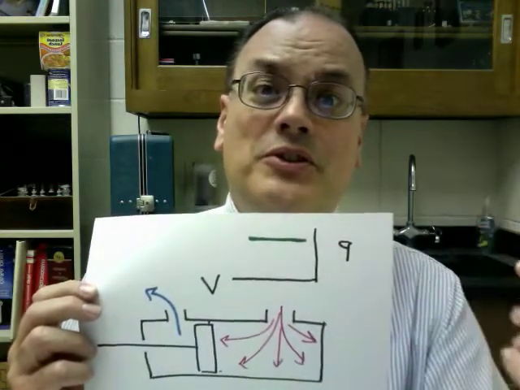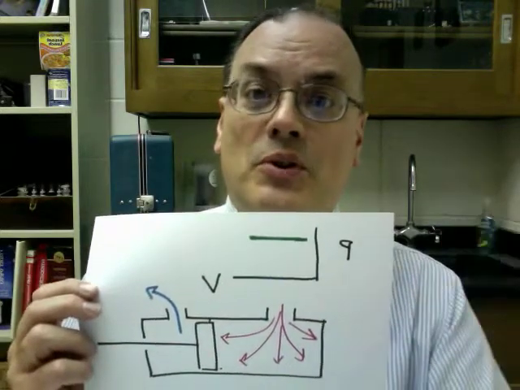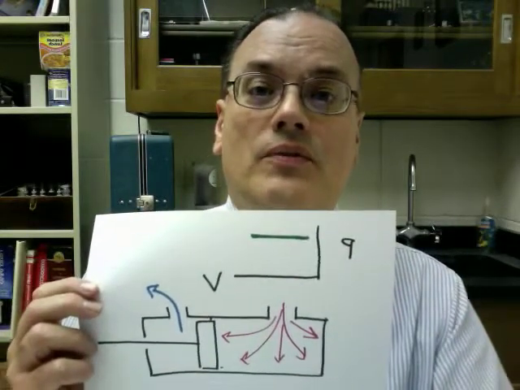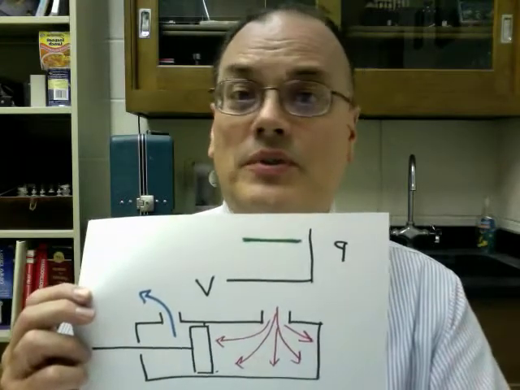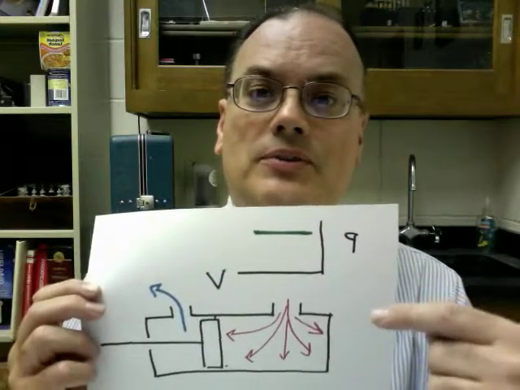Now, why would the pressure stay the same if the volume is increasing? Remember, when we allow a gas to expand, the volume increases, but the pressure and the temperature decrease. So this does not really behave in the way that, as chemists, we're used to thinking about gases.